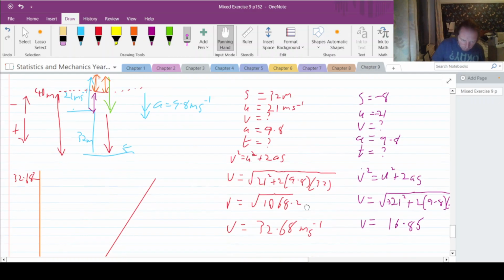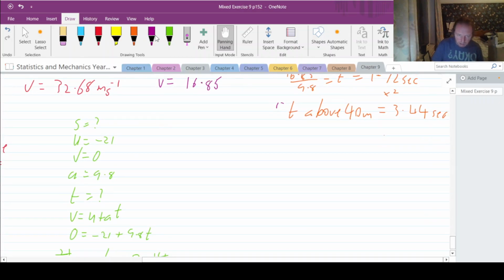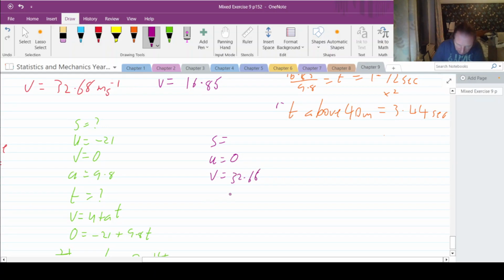The distance we don't know. The initial speed was 0. The final speed was 32.68. The acceleration was 9.8, and the time is what we are looking for.